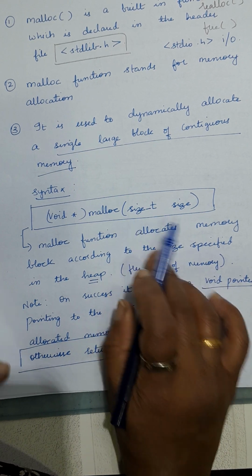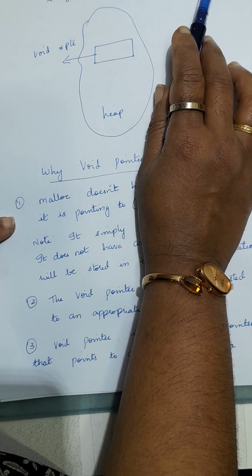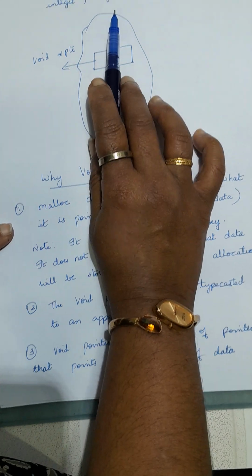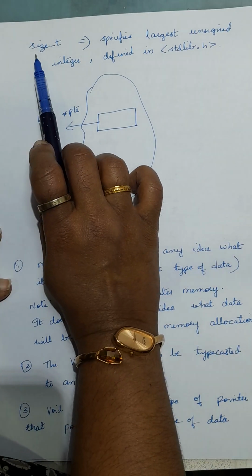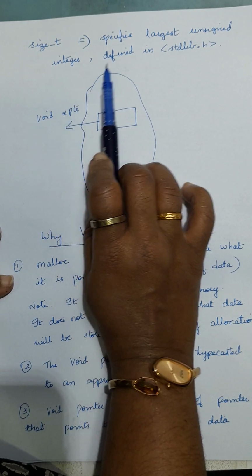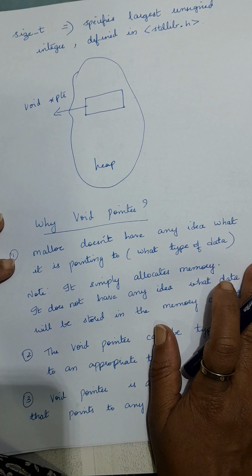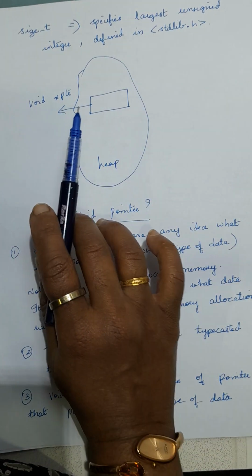But what is size_t? size_t specifies the largest unsigned integer, which is also defined in the header file stdlib.h.